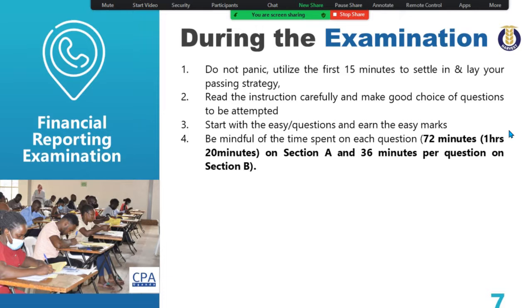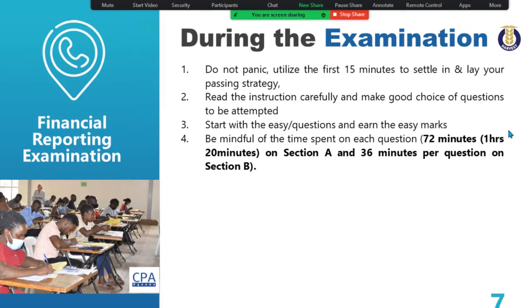And yet time is part of the examination. If you use more than, for example, some people use 1.5 hours on question 1, definitely you can't make it. That is failure point number 1. Not utilizing the time as allocated.